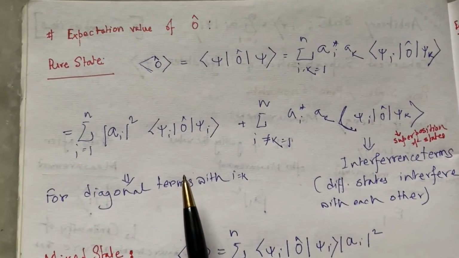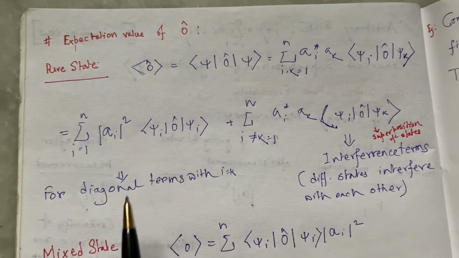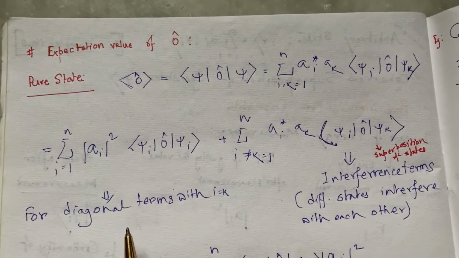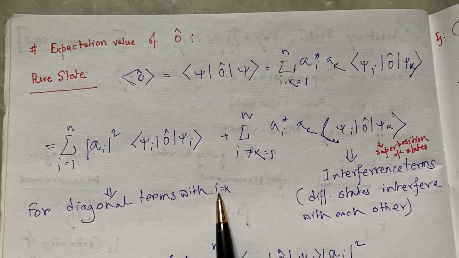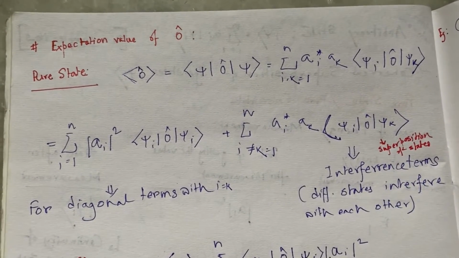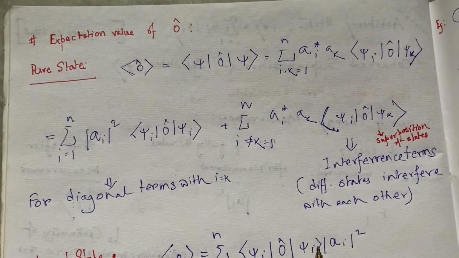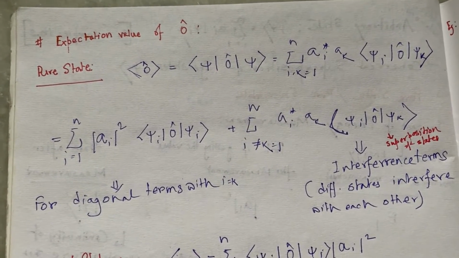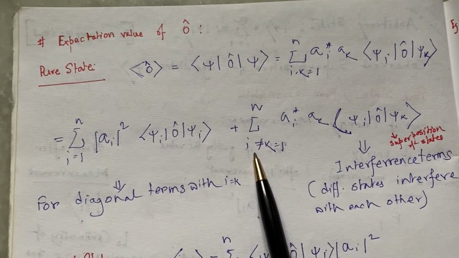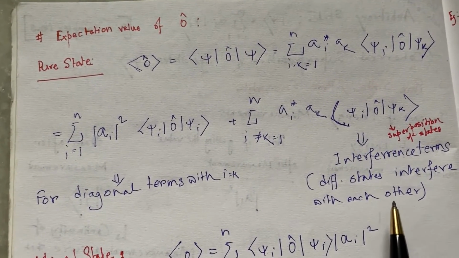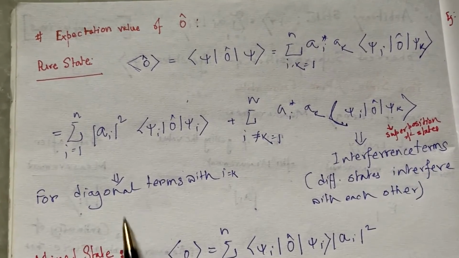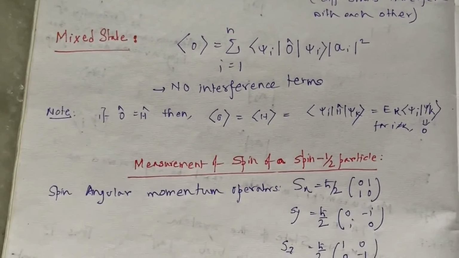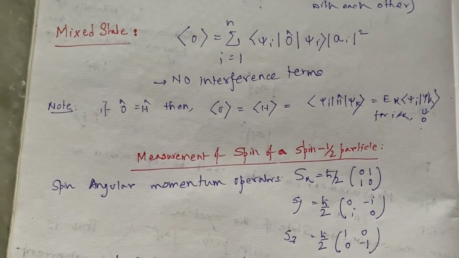because when we measure in the pure state, this term corresponds to the diagonal elements in the matrix, which are for i equal to k, and this is the interference term where the different states in superposition interfere with each other, and this is the non-diagonal terms, and the whole thing will give me the expectation value of this observable in a pure state, or in a pure ensemble.